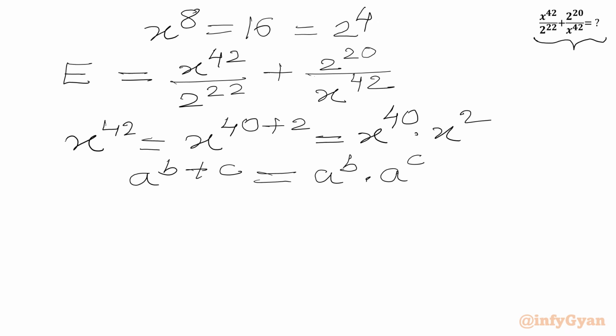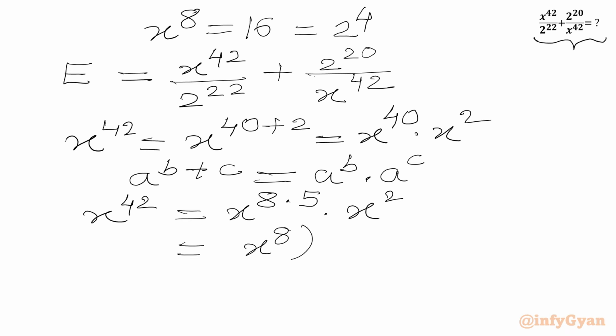Now x power 40 we will write as x power 8 times 5, then we have times x square. So I will write (x power 8) whole power 5, using the power rule a power b times c equals (a power b) whole power c, times x square.